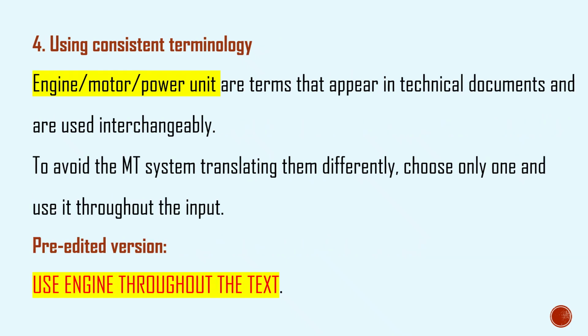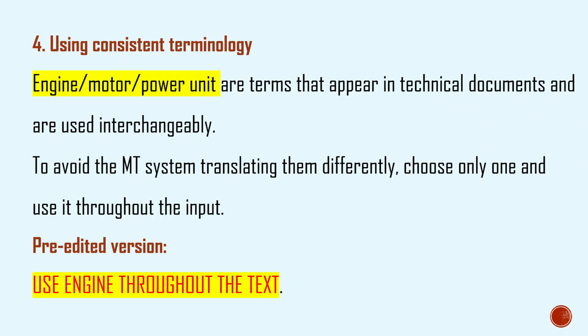The fourth pre-editing strategy is unifying terminology in the source text or the input in order to get unified translations in the output. So, using consistent terminology, for this I chose the example of engine, motor, and power unit, which are terms that appear in technical documents and are used interchangeably.